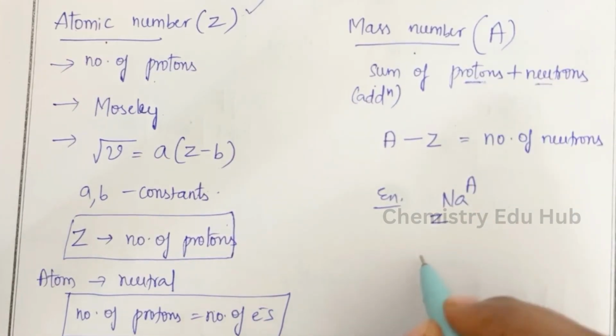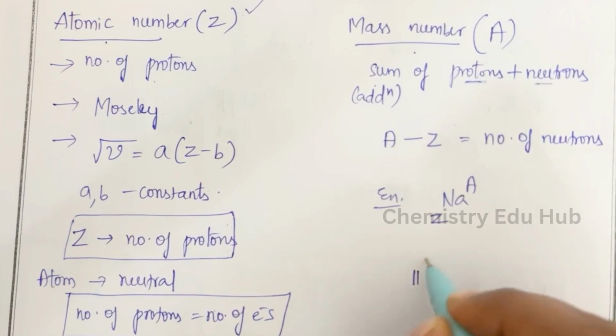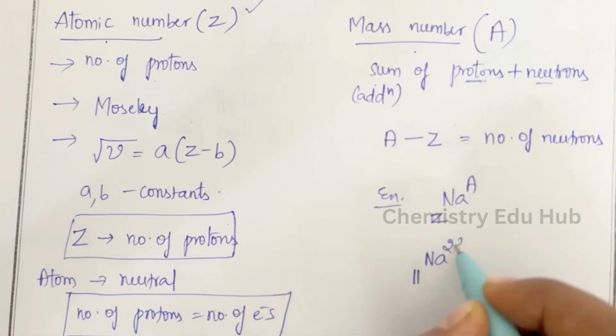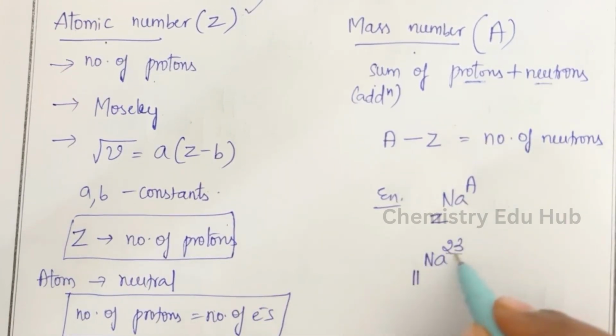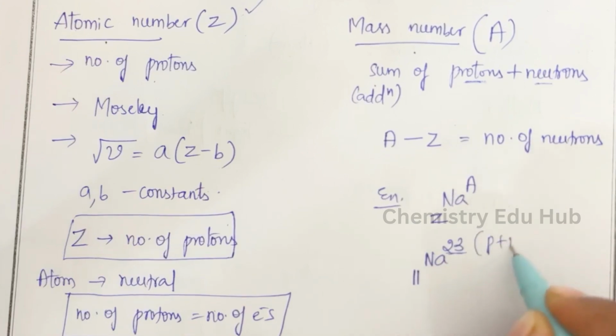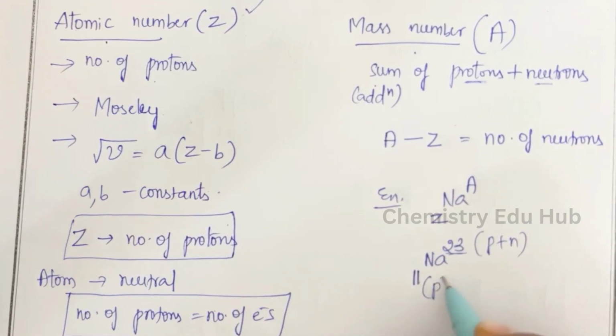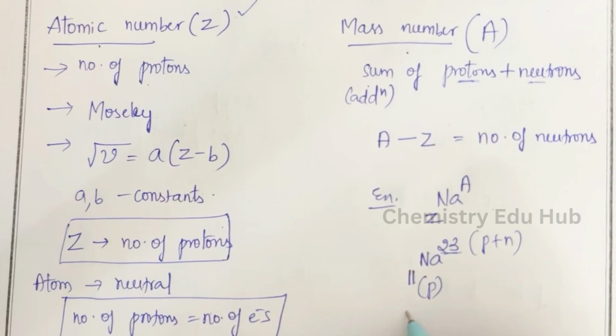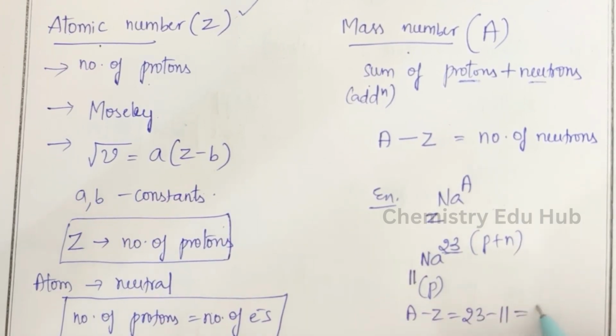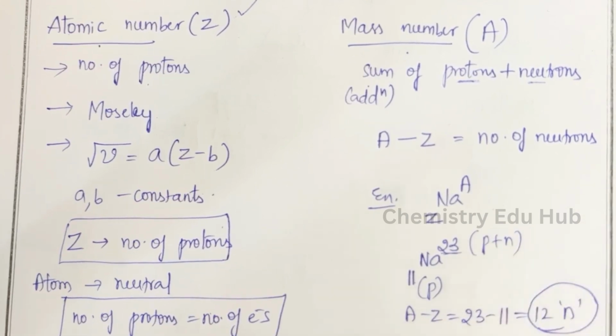Atomic number is 11 and mass number is 23. 23 is proton plus neutron number, and 11 is only the proton number. So A minus Z is 23 minus 11, equal to 12. So there are 12 neutrons in sodium.